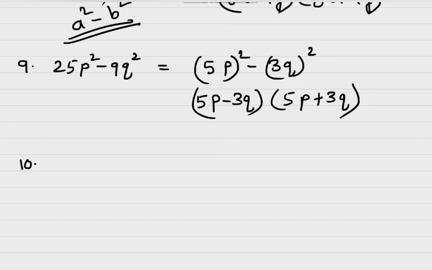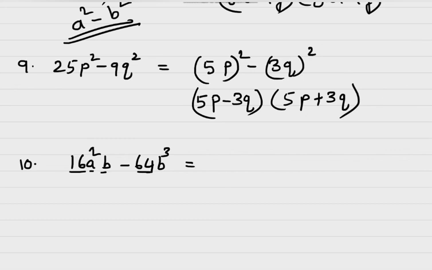Now let's see what is your 10th question. 16a square b minus 64b cube. See children, there are only two terms given here. So more or less this will come in the form of a square minus b square. But we have to bring it to that form by taking out the extra things given. See, 16 is the square of 4 and 64 is the square of 8. So there's no problem here.